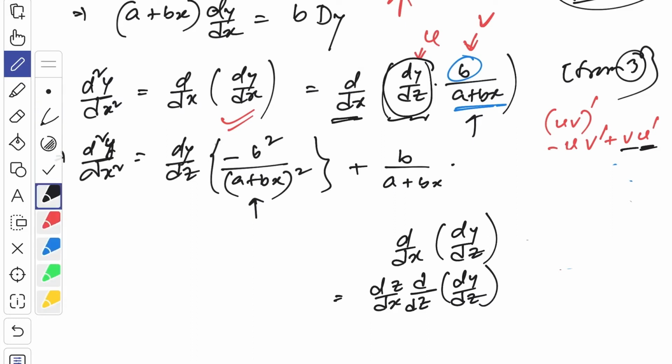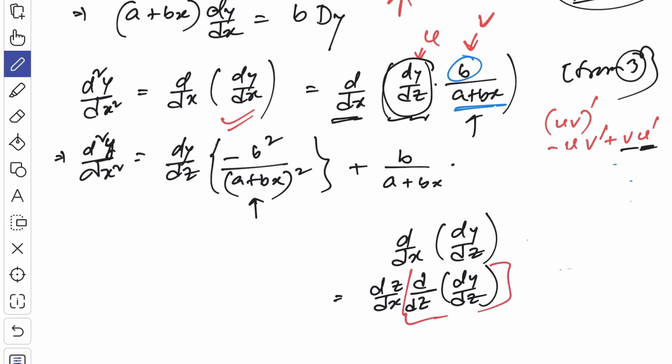So then from this d by dz of dy by dz, we will get dz by dx and the second order derivative of y with respect to z, d2y by dz2, right, we're going to have this.